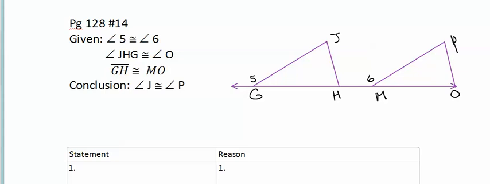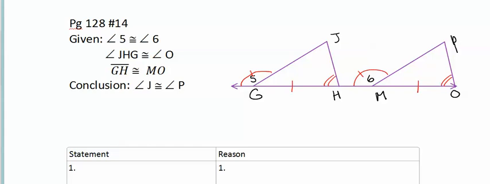If we look at the givens, we're told a few things. The angle 5 is congruent to angle 6. Angle JHG is congruent to angle O, and GH is congruent to MO.